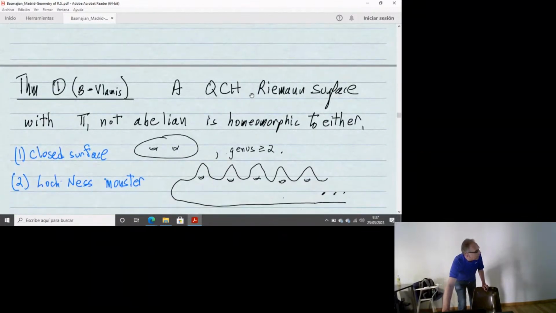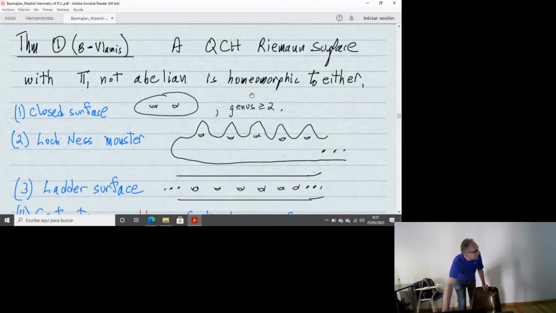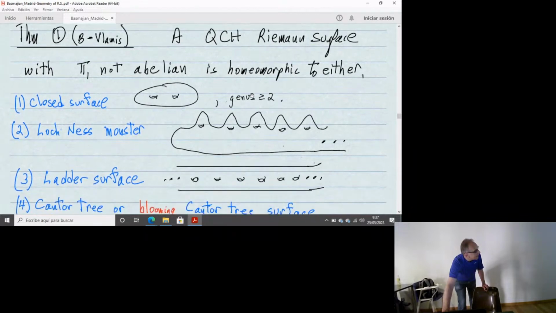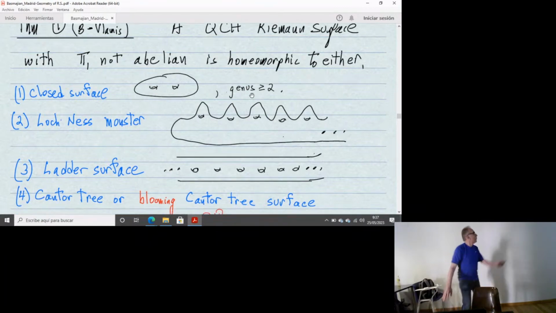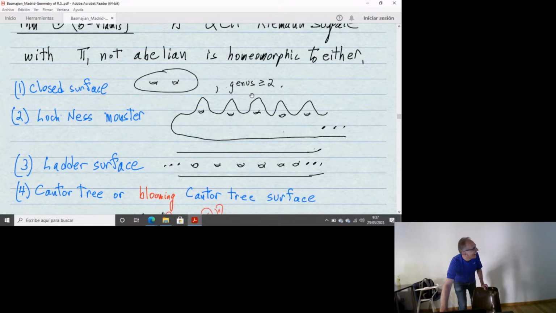So here's theorem 1. Okay, so keep this in mind.